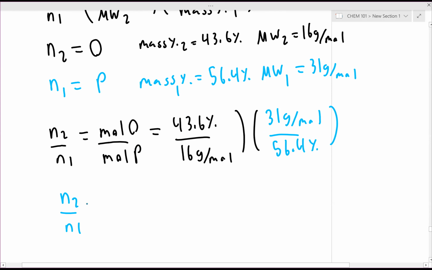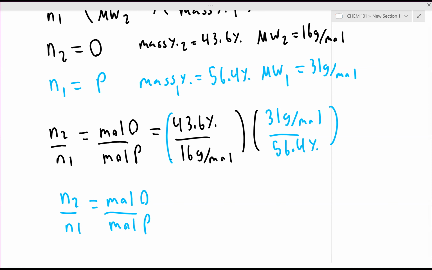So N2 over N1, or the moles of oxygen per mole of phosphorus. Let's calculate it. So we have 43.6 divided by 16 times 31 divided by 56.4, and we get a nice, relatively clean decimal.